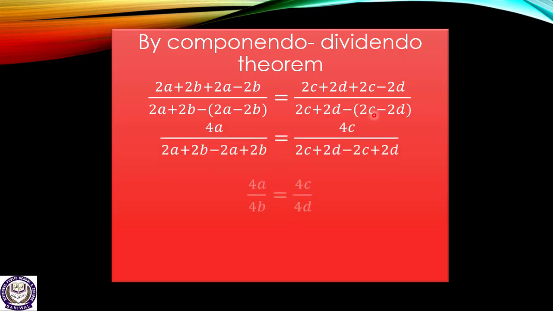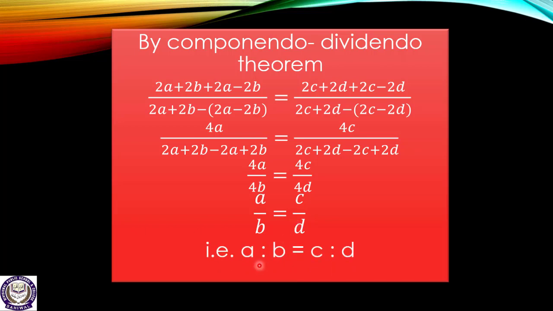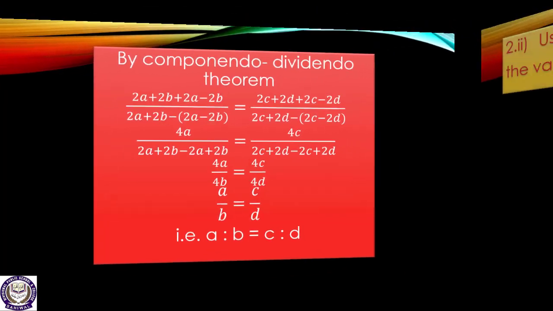After simplification, we get 4a over 4b, which is equal to 4c over 4d, or we can write it as a over b is equal to c over d, which can also be written as a ratio b is equal to c ratio d.